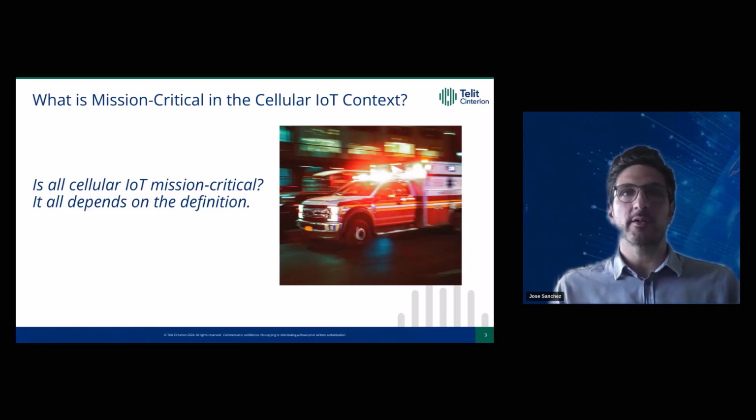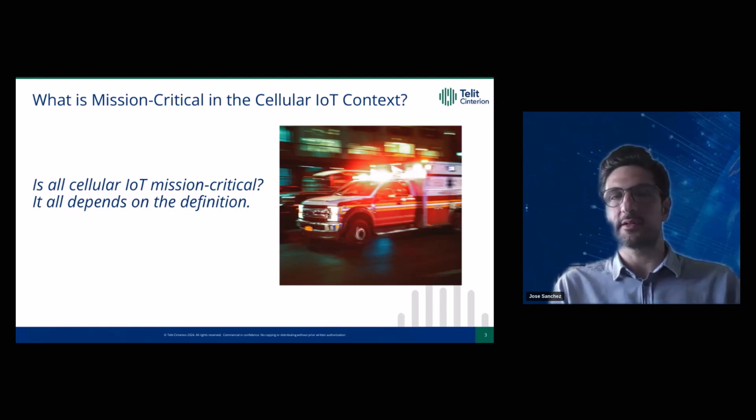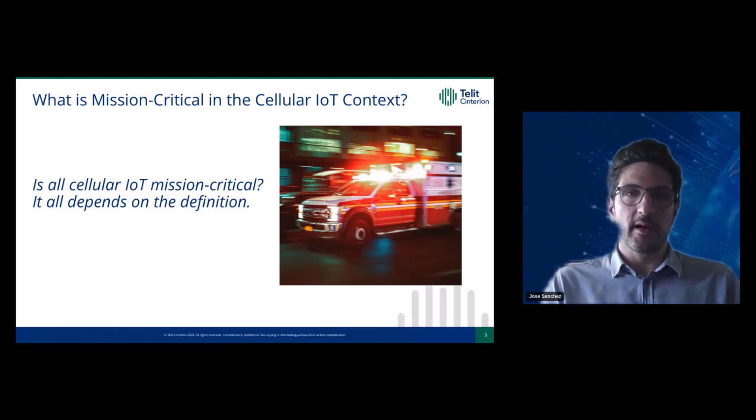So the impact of downtime is essential to look at what is a mission critical or critical IoT application. We find this kind of applications in many sectors, as we said before, and this segment is evolving now more than ever.